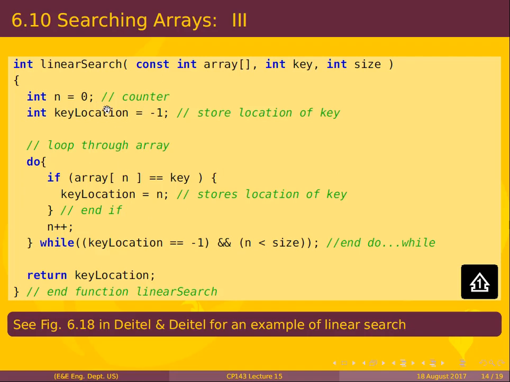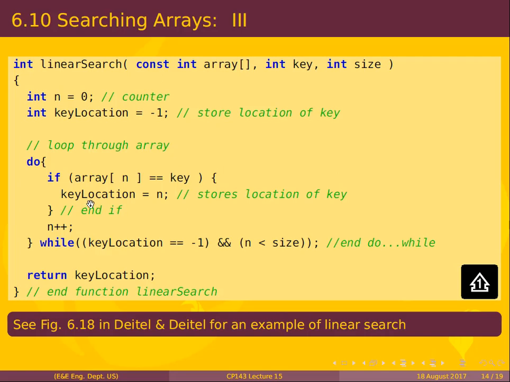The other thing that I've got to specify is that I'm going to terminate when I actually find a match. To do that, I use this key location variable. Key location is equal to -1. So this do while will continue while we haven't found anything.